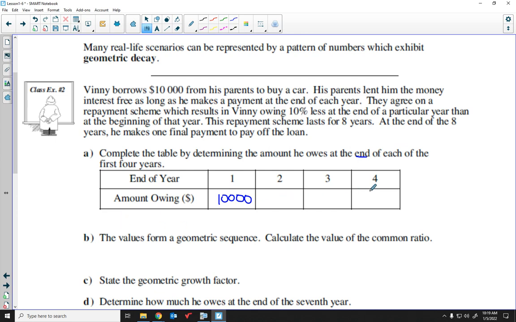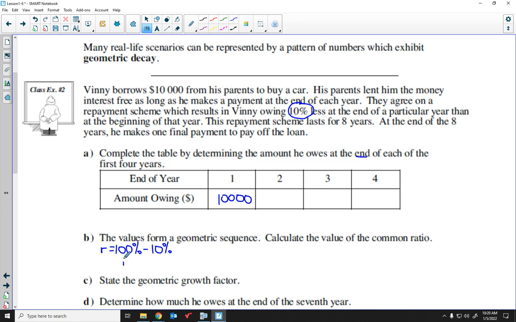Now to determine the remaining values here, we're going to again do part B first, just to determine what the common ratio is. In this situation, R would be equal to 100%. This time around, it says that he owes 10% less at the end of a particular year. So we're going to subtract 10%.